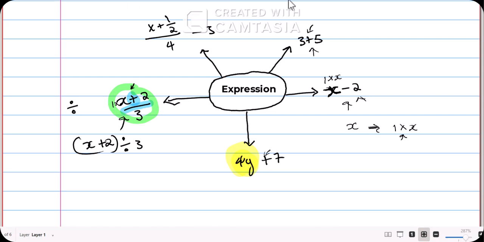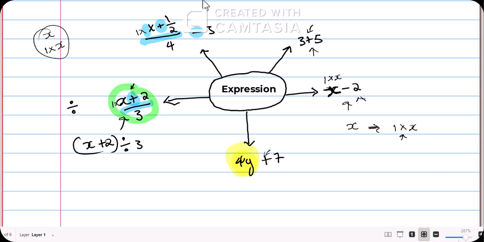We have a plus, we have a division, we have a subtraction. So we have three operators, plus the one that is not visible, which is a multiplication operator, 1 times x. x is also 1 times x.